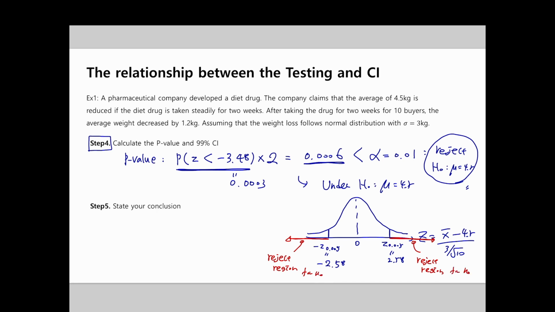So the statistic value minus 3.48 falls into the reject region. So we can reject H0.